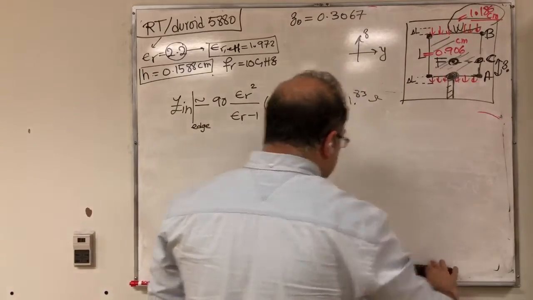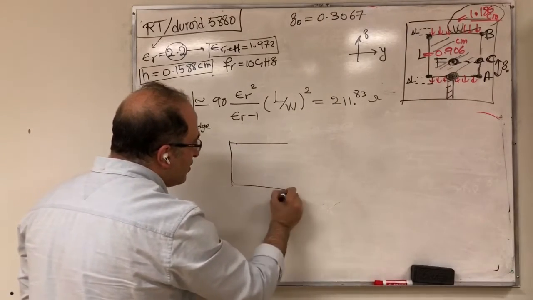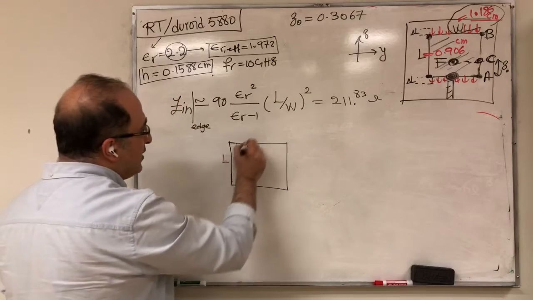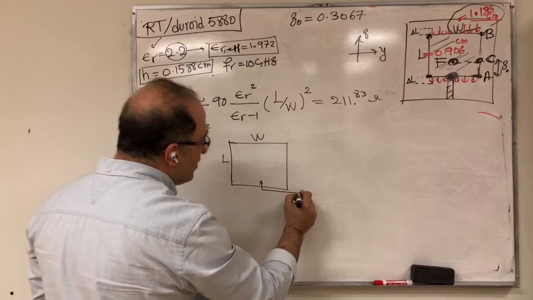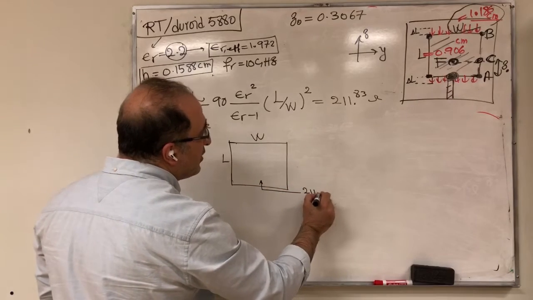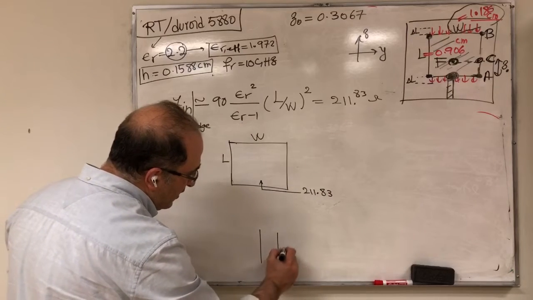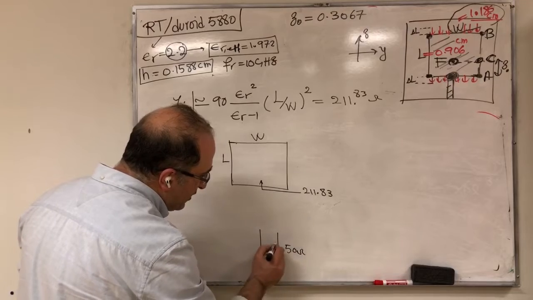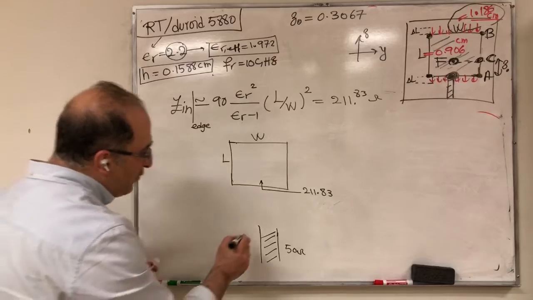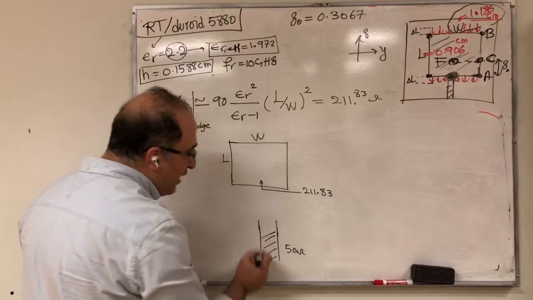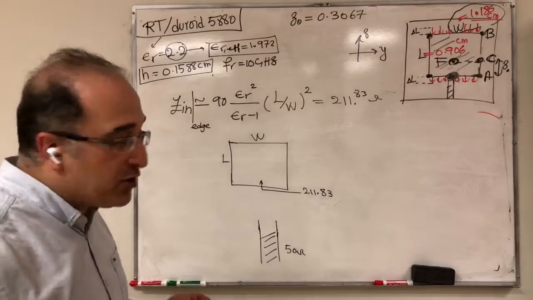So again, this time I'm gonna say this was my patch. So this was L, this was W. And remember that from this point, I was 211.83. And I know that I'm just bringing a 50 ohm transmission line to my patch antenna. Now, if I connect this 50 ohm directly to my patch, I have 50 to 211. That's too much reflection for me.